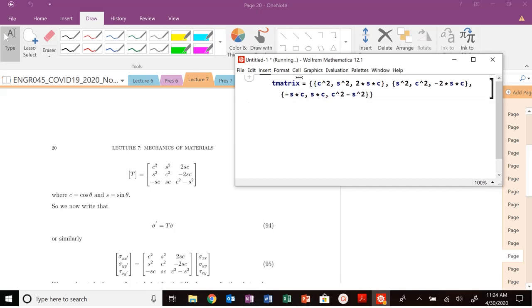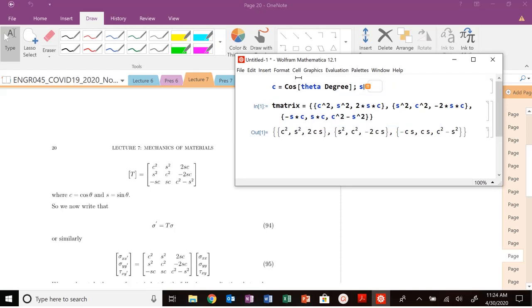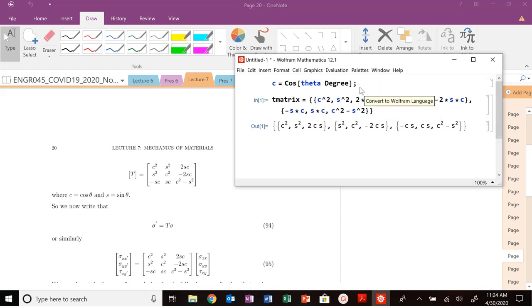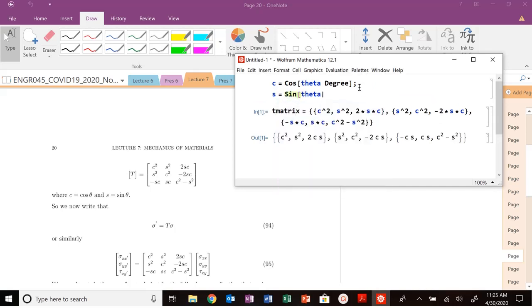Above here, C equals cosine of theta in degrees. I'm going to be in degree mode. And S equals sine of theta in degrees.